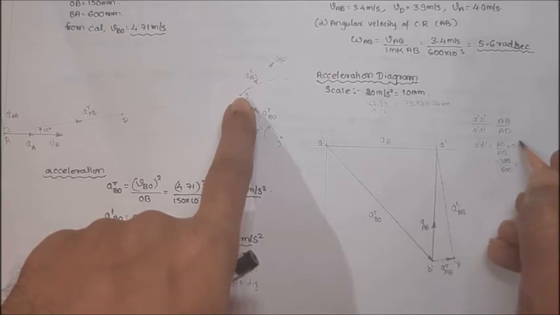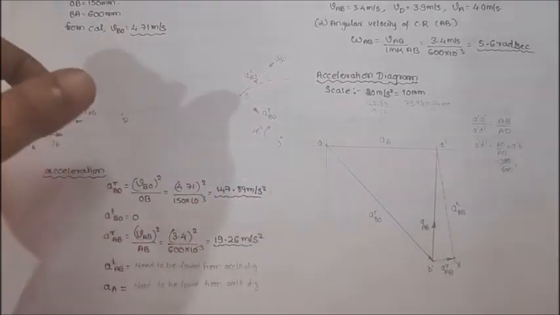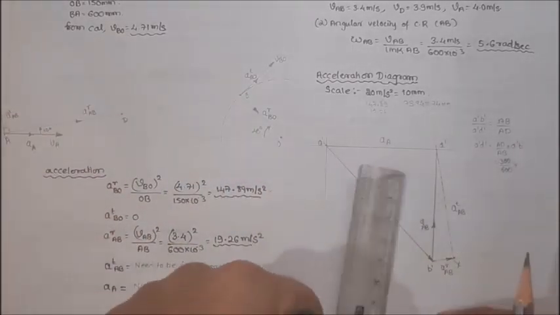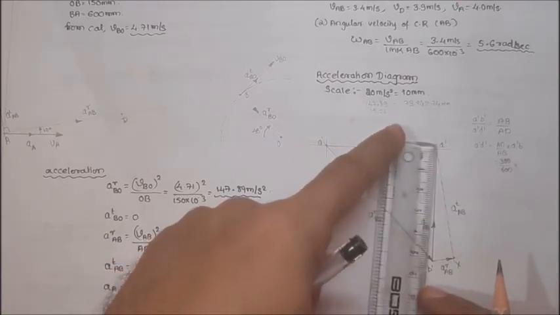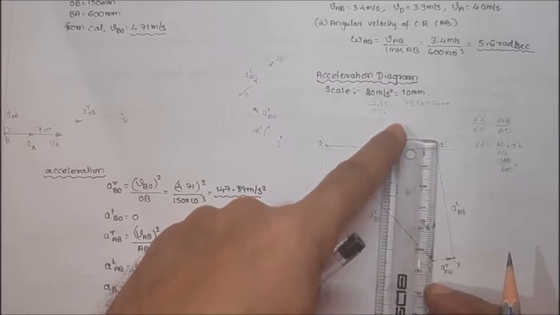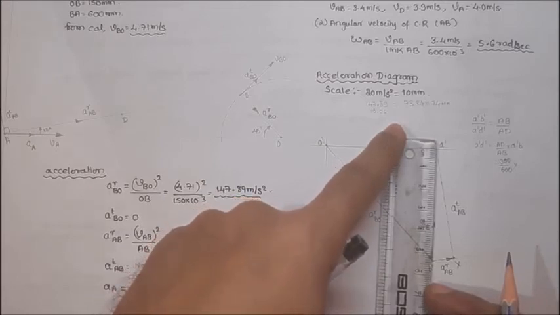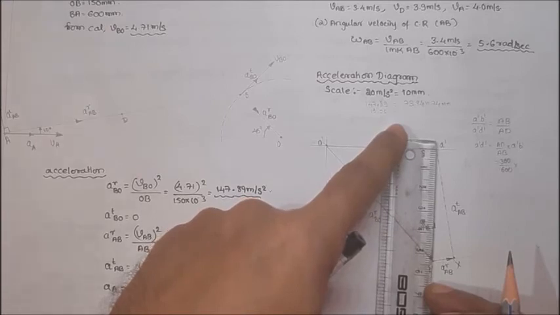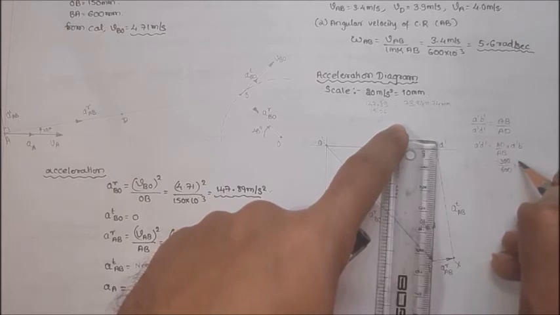And now A dash to B dash we have to measure. Let's measure. So it is near 52, 53. So I'll take 52 mm.